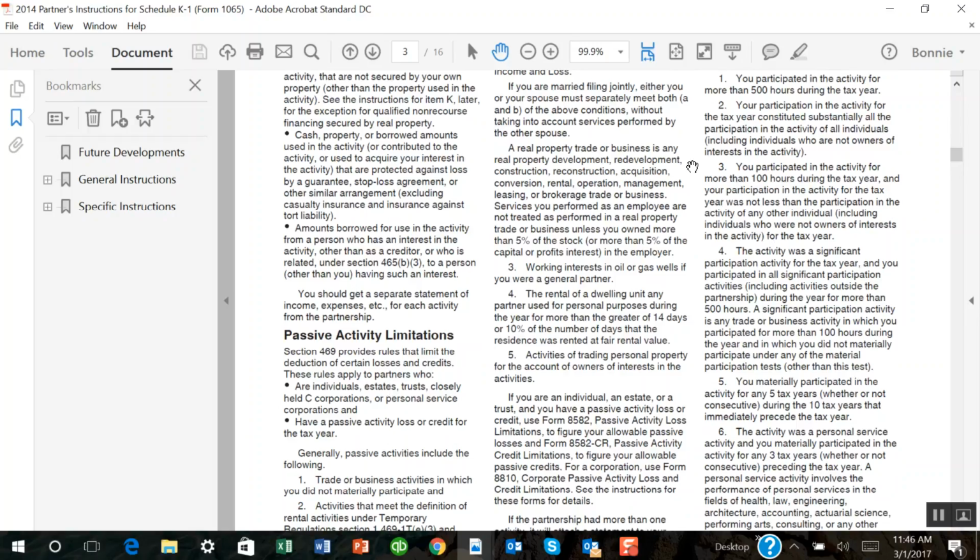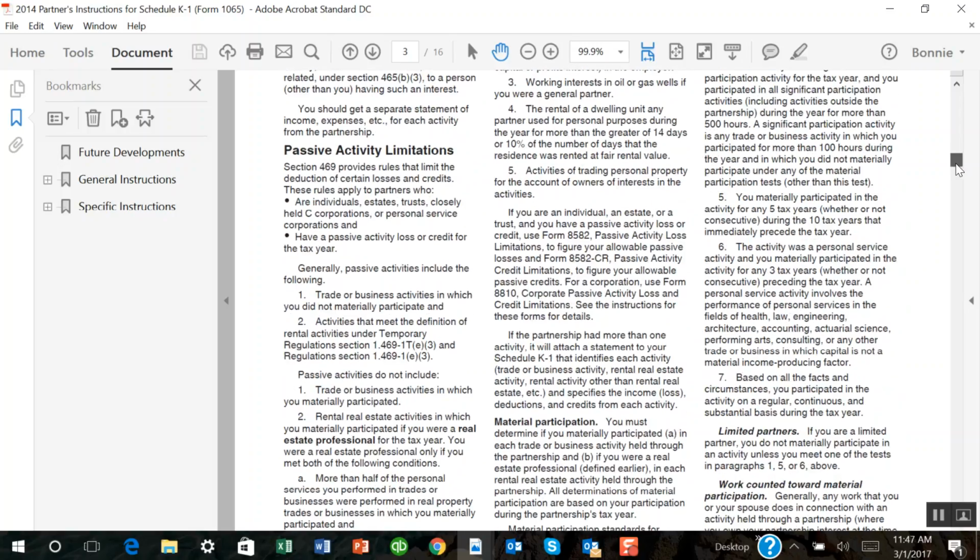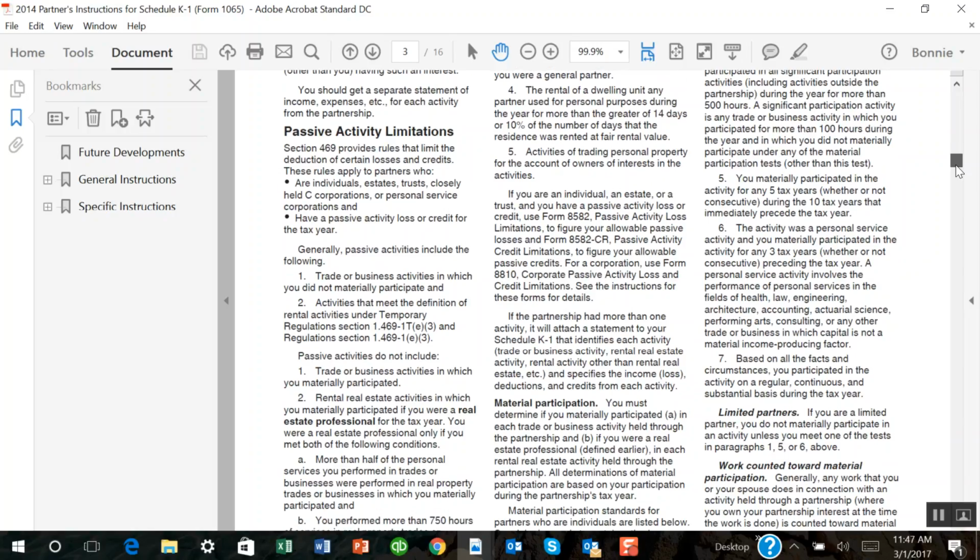And there are all of these rules, as you can see in the instructions here, for determining whether you are an active participant in the trade or business of the partnership. Because if you're not, then the losses and income coming through from that activity of the partnership are passive in nature to you, and if the losses exceed the income and you don't have basis enough to absorb those passive losses, you won't get to use them on your return.